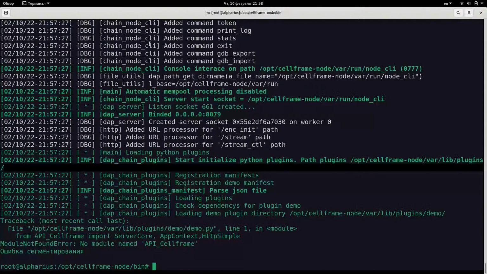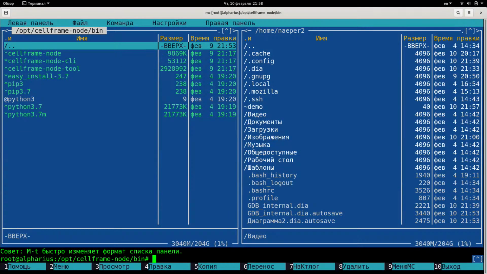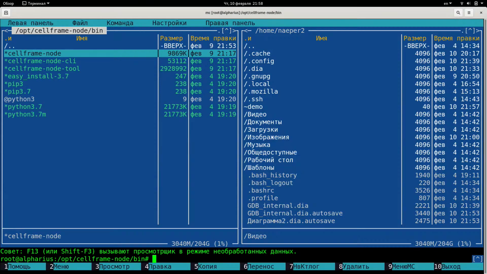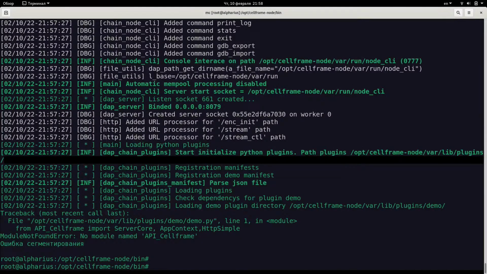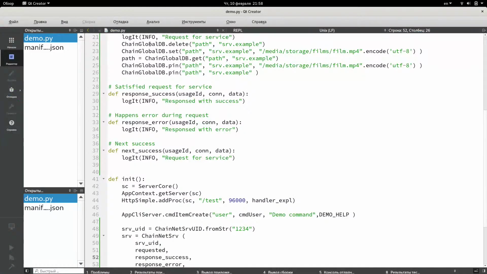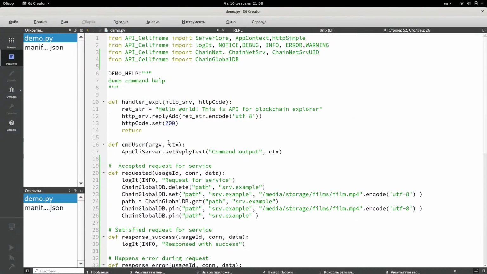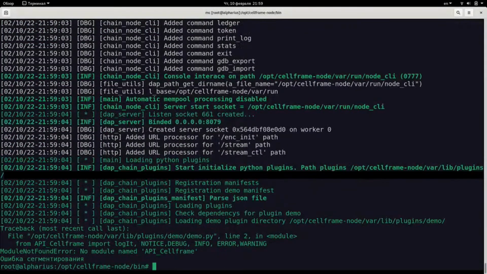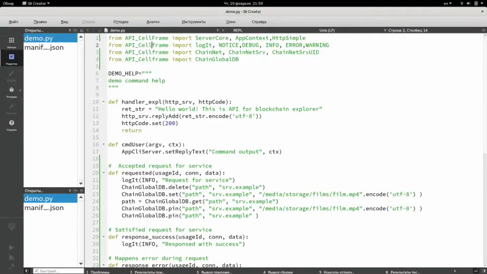One moment. I believe something is wrong. It shouldn't be so. Maybe I need just Cellframe. I don't remember like this. Yes, yes. My bad, my bad.